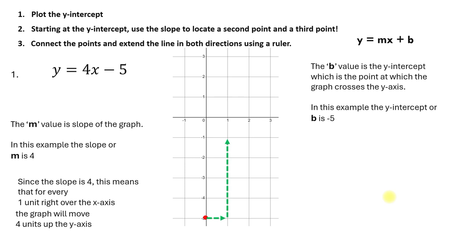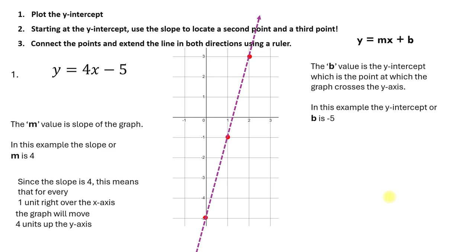And when we arrive at this point, we can add another coordinate and then do the same thing again. 1 along the x-axis, 4 up the y-axis, plot the coordinate point again, join the lines, and there's our graph for y equals 4x minus 5.